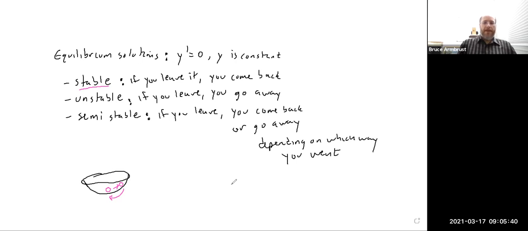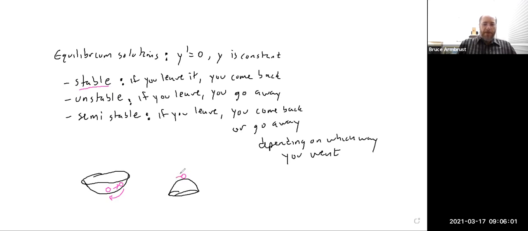Now, to make this unstable, all I've got to do is turn that bowl upside down and put the marble on the top. If I've got my bowl upside down and I just set the marble there, it's in equilibrium. It's not moving, it's just going to stay put.